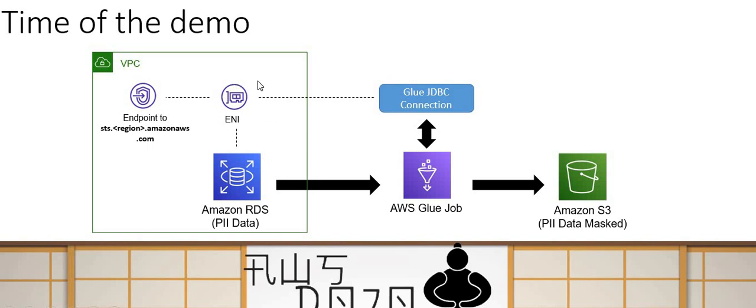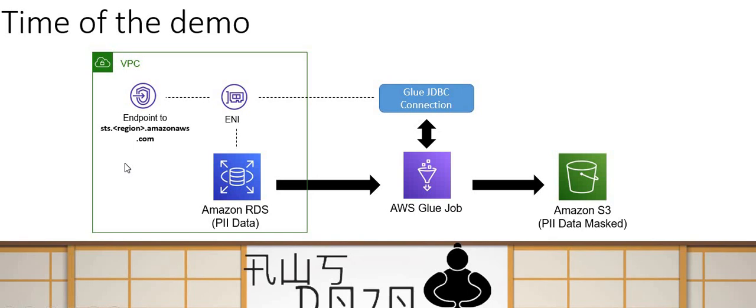And the same ENI I'm using to talk to my endpoint as well, to talk to the STS. So I have a benefit that since I have a Glue JDBC connection to the VPC endpoint, I simply used that one for my endpoint connection as well.